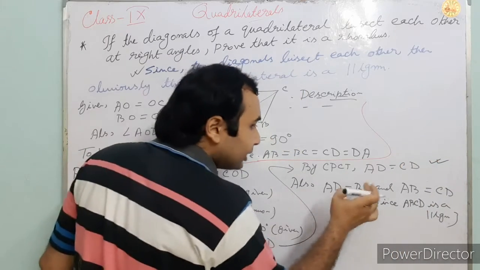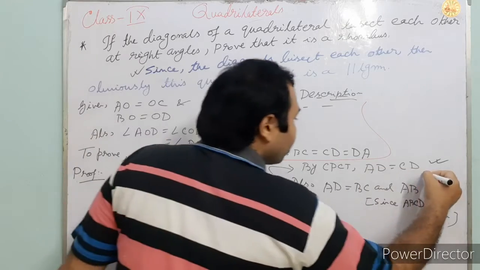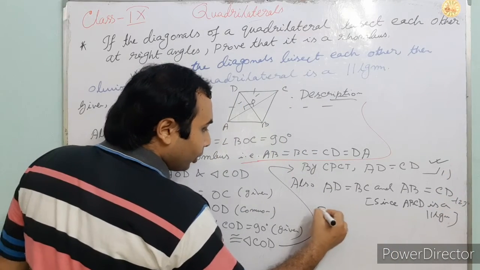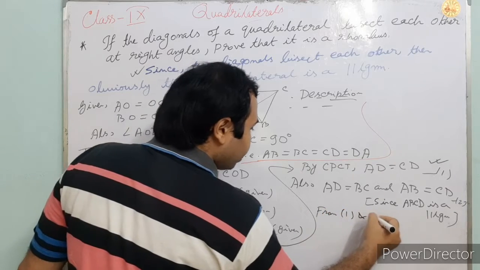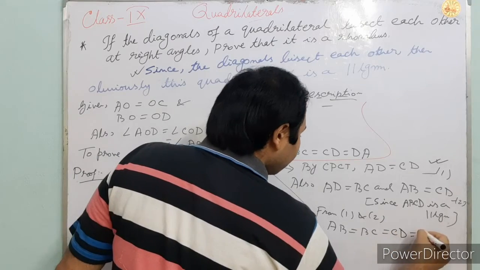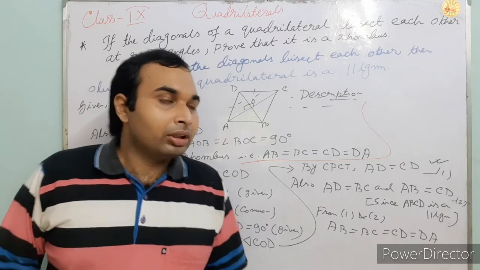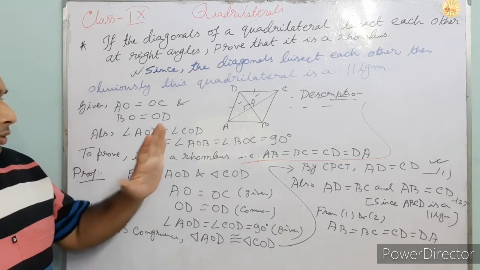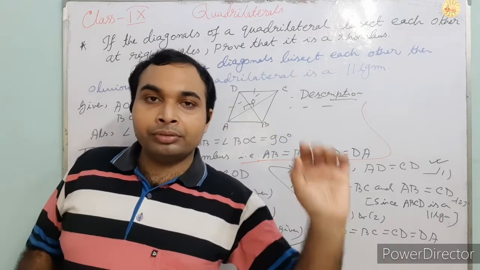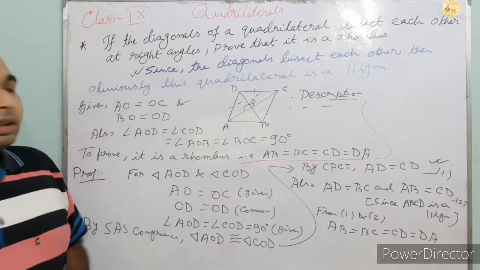Again we are getting AD equals BC and AB equals CD. So obviously from those two, number 1 and number 2, we can definitely say AB equals BC equals CD equals DA. That means ABCD is the rhombus. So very easy proof. Just you have to apply the properties of the parallelograms in a right way, then you will get this proof.